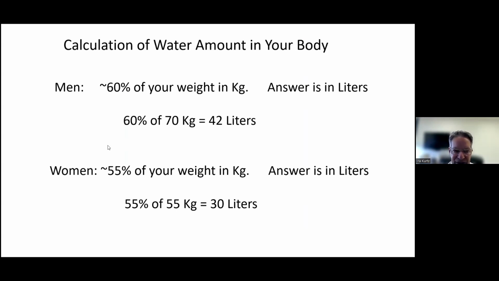Now, in a woman who has a lower percentage, not 60, but let's say 55% of her weight in kilos is water. So 55%, and let's say she weighs 55 kilo, typical weight for the average woman, that gives us 30 liters. So in her body, there are 30 liters of water.